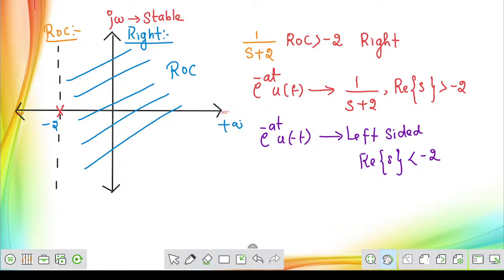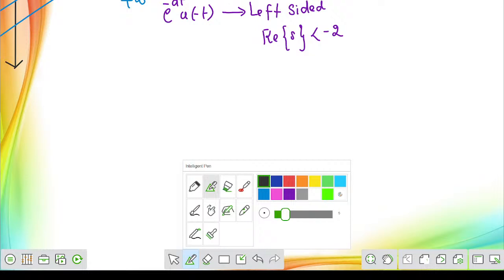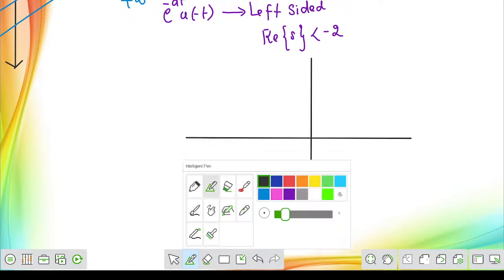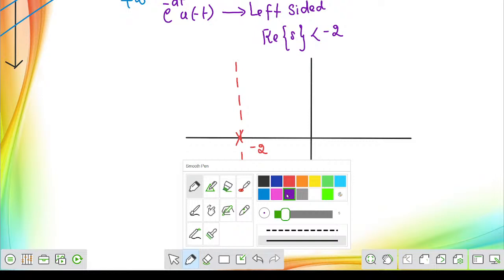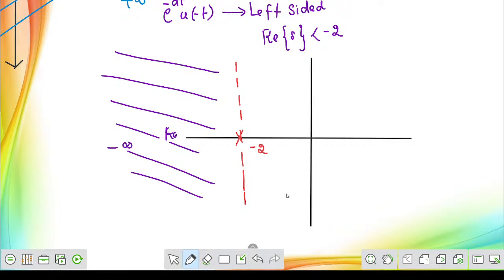If you are drawing the region of convergence, from minus 2 onwards you draw it towards the left-hand side. First, locate the pole at its given location, that is minus 2. After that, draw a vertical strip here. Since it is a left-hand side signal, its corresponding region of convergence is going to be minus infinity to minus 2. That is how we develop ROC, region of convergence.